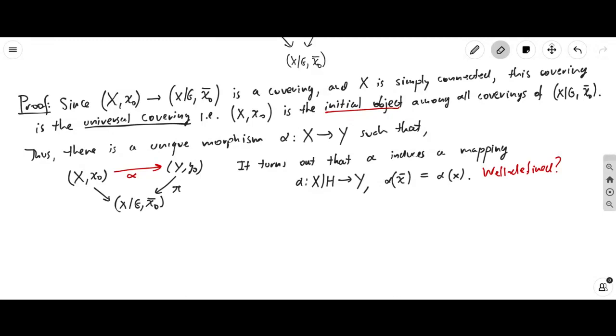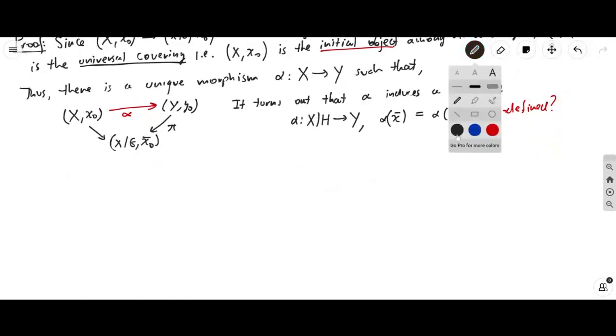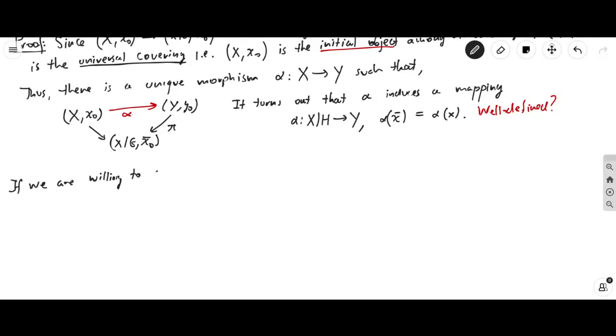But for the moment, let us accept that this is true. When I say this is true, I'm referring to the fact that alpha is well defined on the quotient.